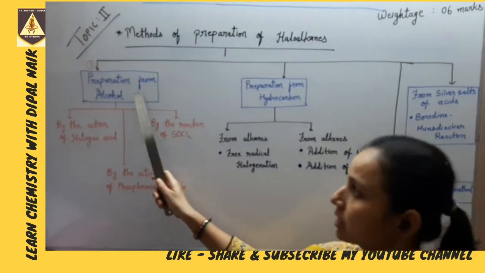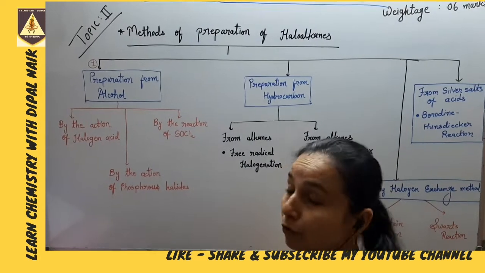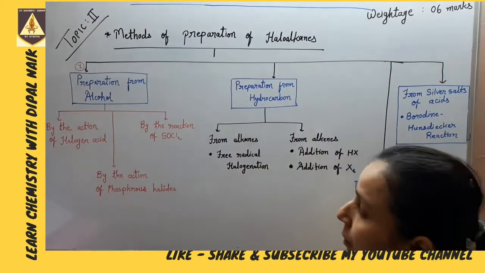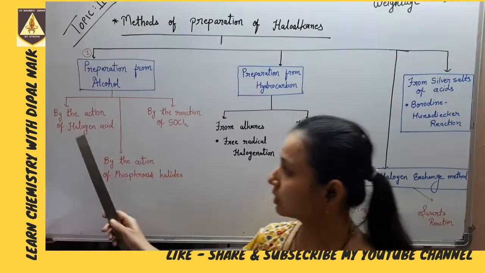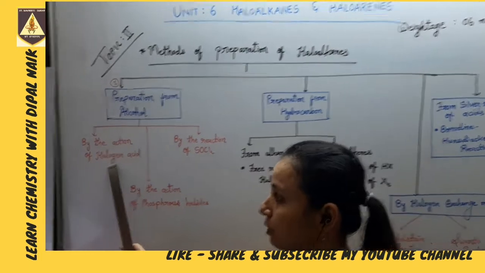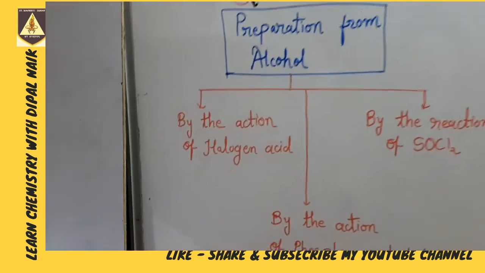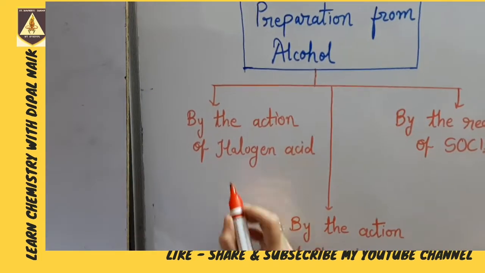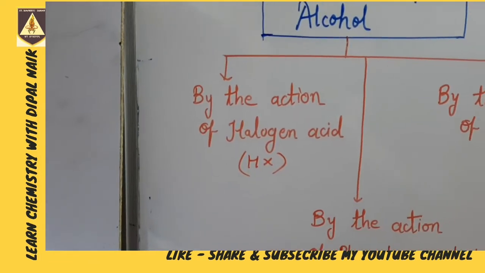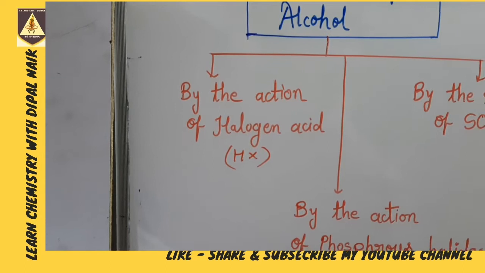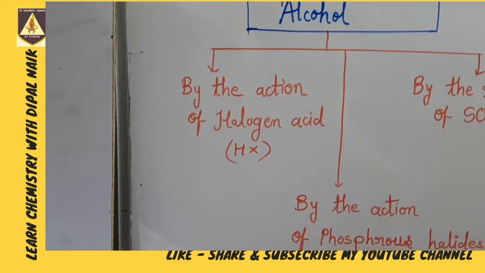The very first is preparation from alcohol. We will prepare haloalkanes from alcohol using different reagents. The first one, by the action of halogen acid. Halogen acid means HX, where X may be chloro, bromo, iodo.